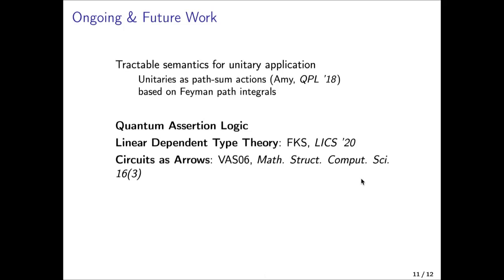Another line of work we have thought about is how quantum circuits really correspond to the notion of arrows in category theory and, for example, in Haskell. And there is previous work from 2006 where people have treated superoperators as arrows. So we look forward to trying to see if we can generalize our Hoare monads into some sort of Hoare arrows and treat the quantum circuits directly.